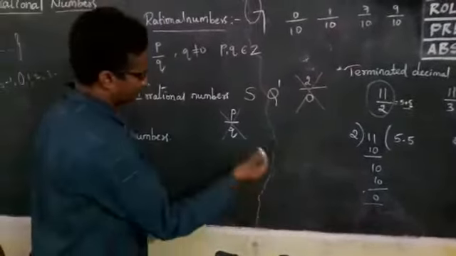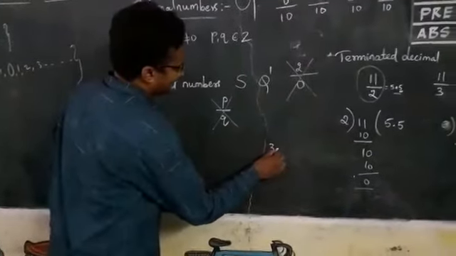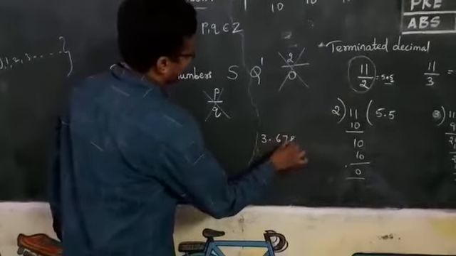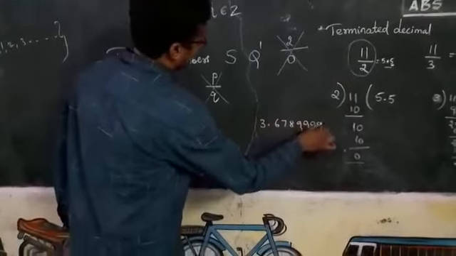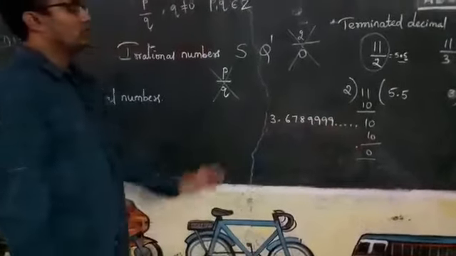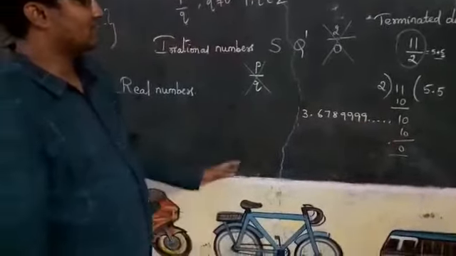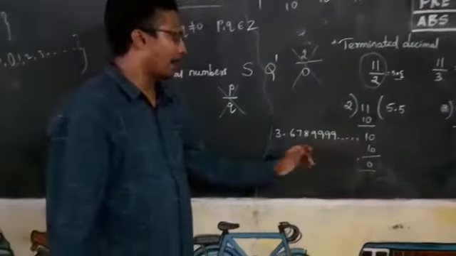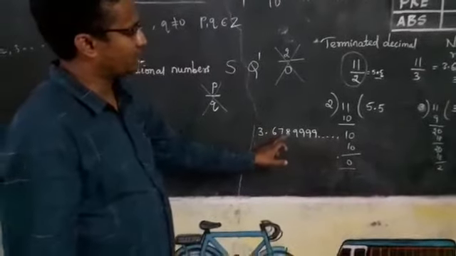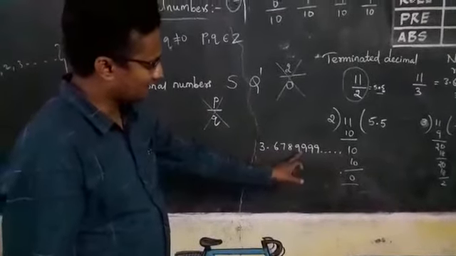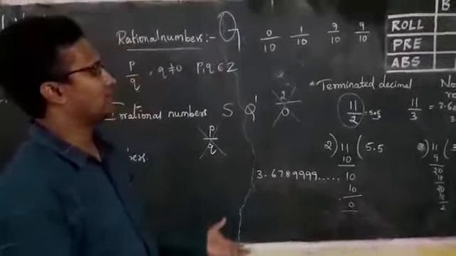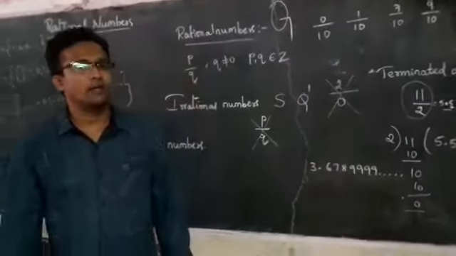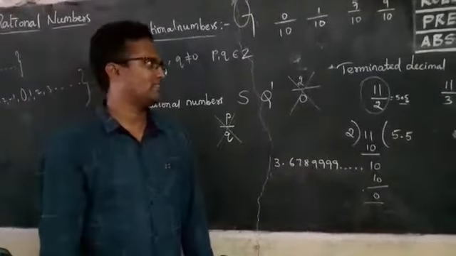And you can also have a mixed decimal. For example, if you divide, you may get 3.67899999999 like this. As you can see, it is not terminating, so the division is not stopping, and some of the digits do not repeat, and later digits are repeating. Such a decimal is called mixed recurring.